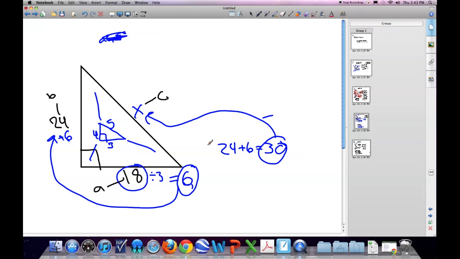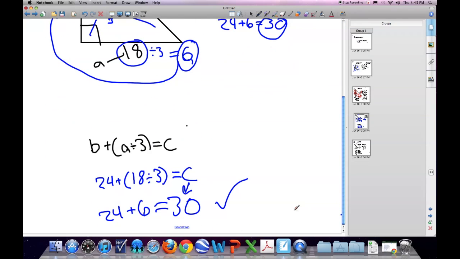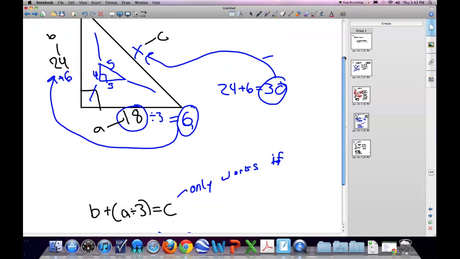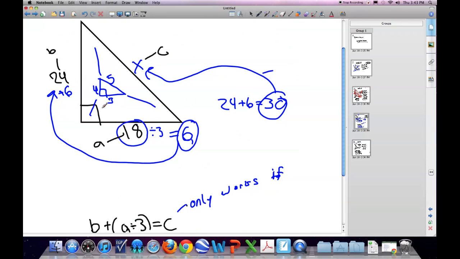Now, this only works when the triangle is similar to this 3, 4, 5 triangle.